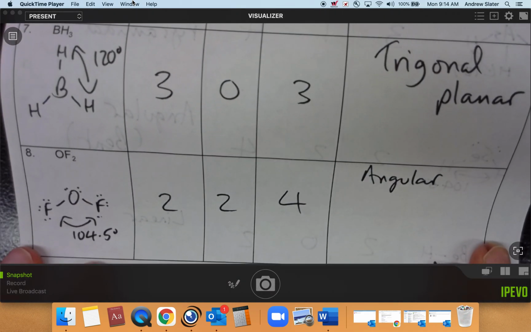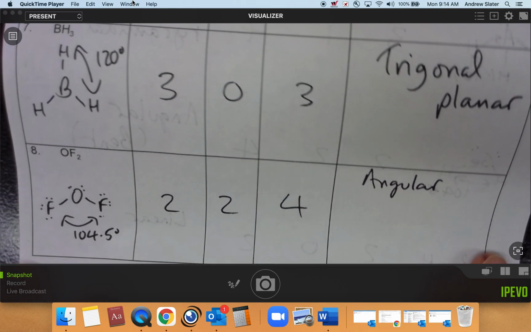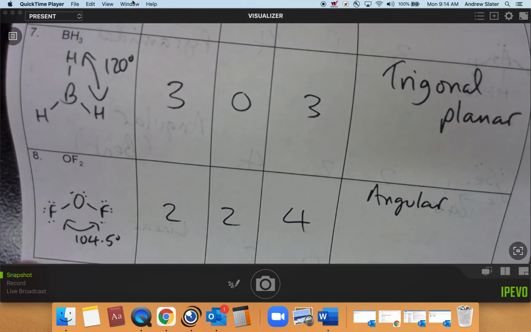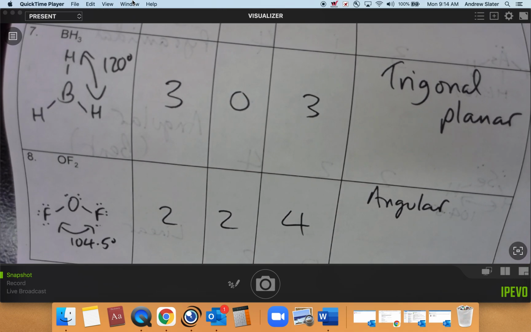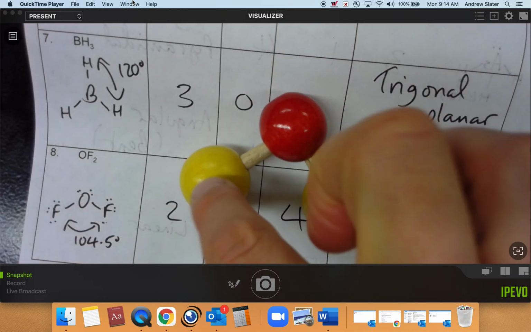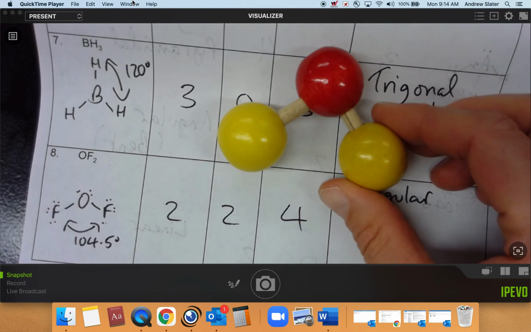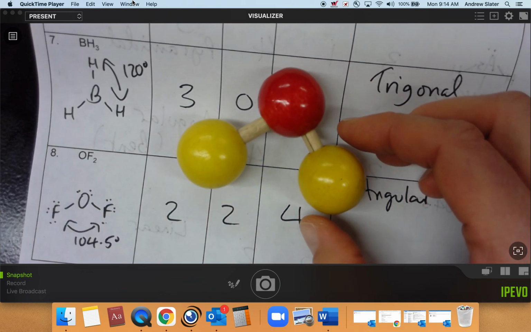OF2 is like, if you imagine it like H2O, it's written a little differently. But if you imagine that these are fluorines here, 2 bonded pairs, 2 lone pairs, 4 total, and it's like an angular shape.